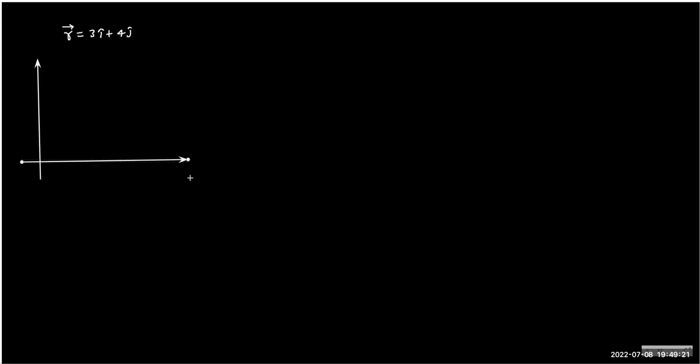Are they positive or negative? Positive, both are positive. So which quadrant do they represent? First. So we can say for sure that the vector must be lying in the first quadrant. So I am not worried. I know that I have a point 3 and 4 in the first quadrant, so this is 4, this is 3, this is theta. So you just find the angle. What is tan theta?